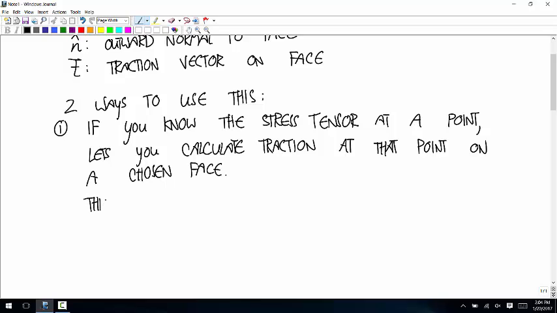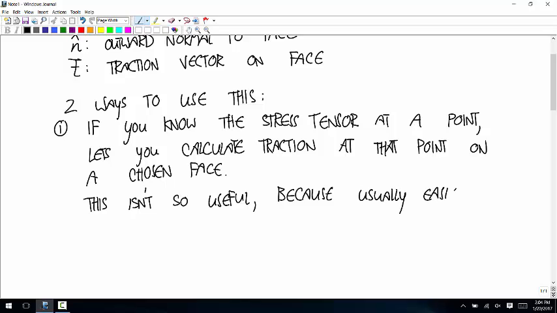This isn't usually that useful because it's usually easier to measure the traction on a face than it is to measure the stress tensor. Although there are times that we'll use this.